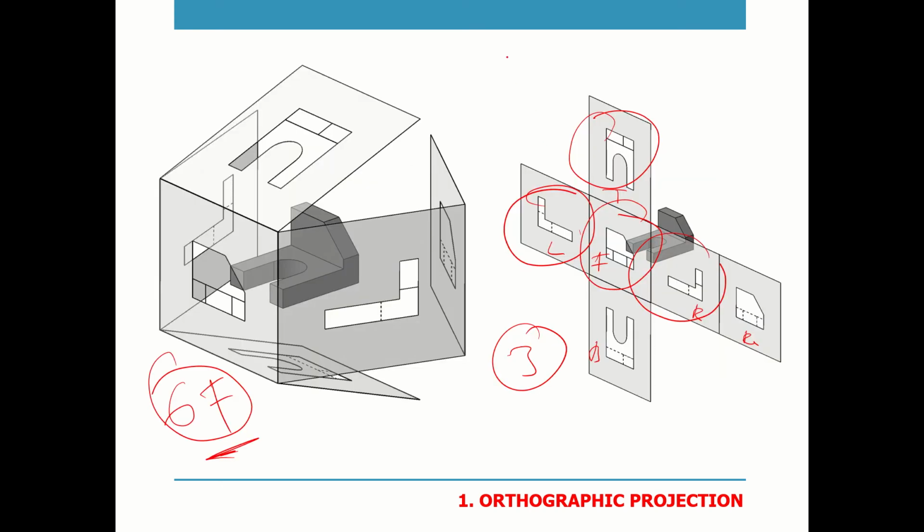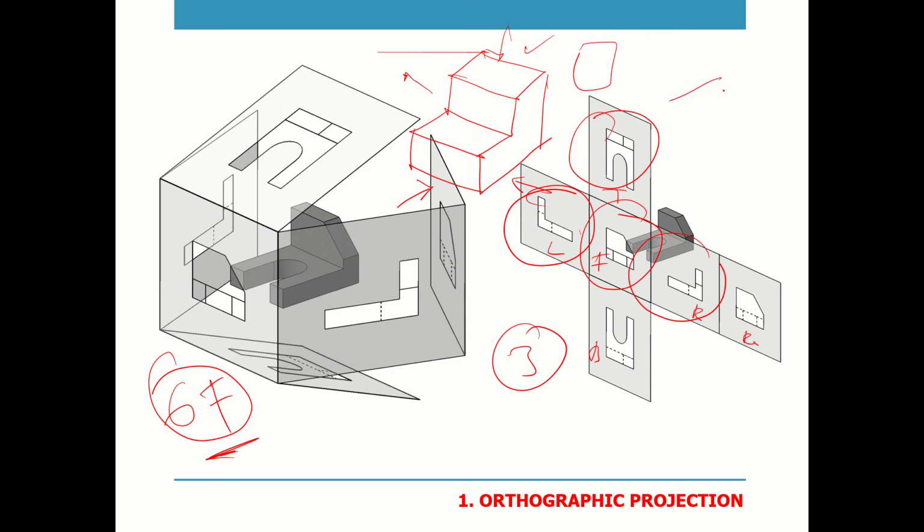For example, let's say you have just a 3-dimensional object like this. What we need is probably a view from here, a view from here, and a view from here. This side is going to be the same, and the rear side is going to be a box, right? Or let's say you have a 3D object with some cut here.